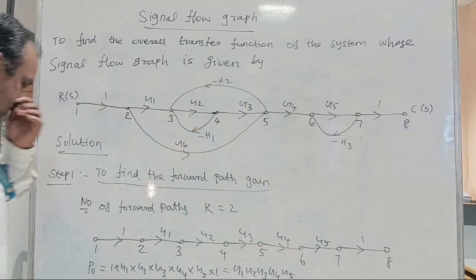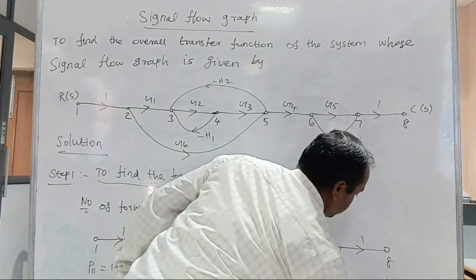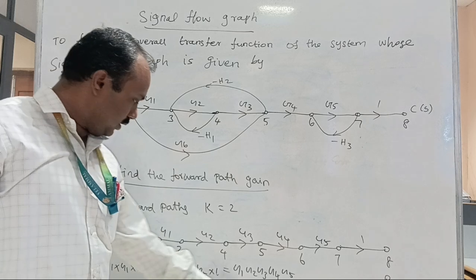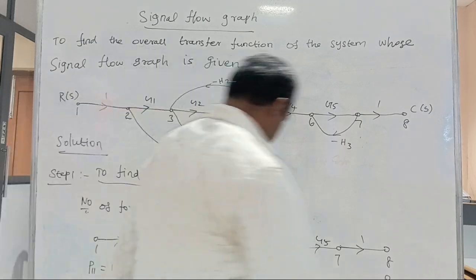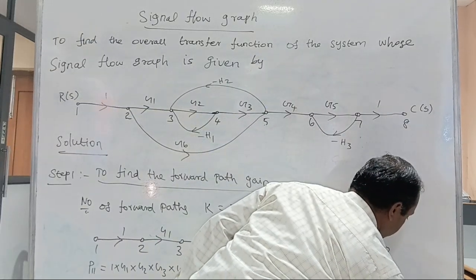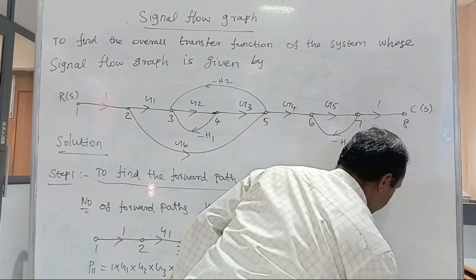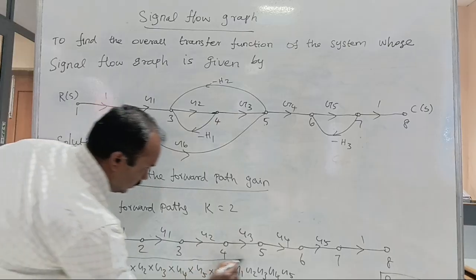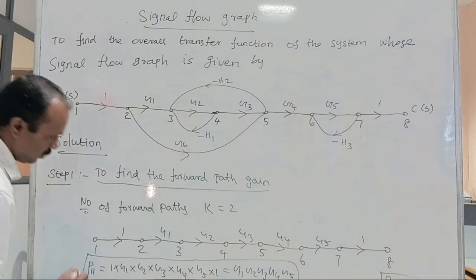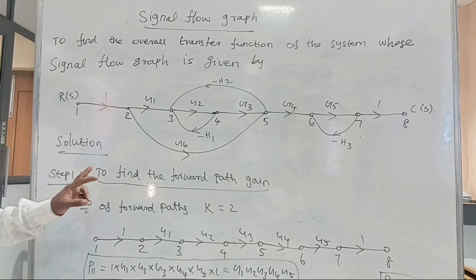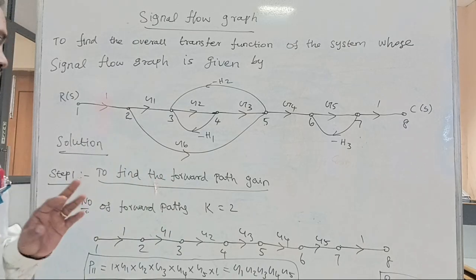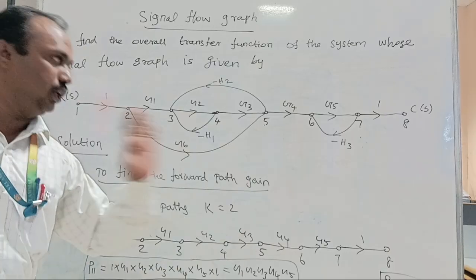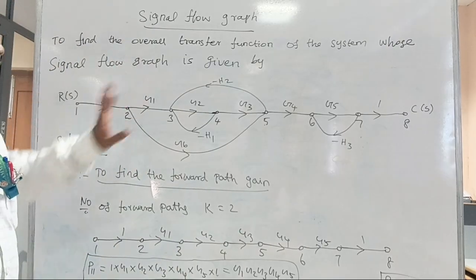The forward path gain P21 is 1 into G6 into G4 into G5 into 1, that is G4 G5 G6. This is forward path gain 2, and the earlier one is forward path gain 1. The number of forward paths is 2, with gains P11 and P2. That is step 1, finding the forward path gains.